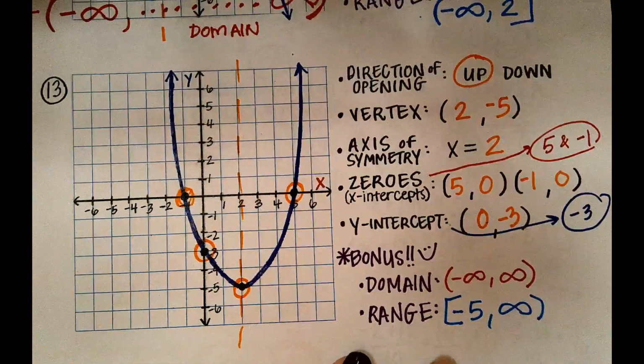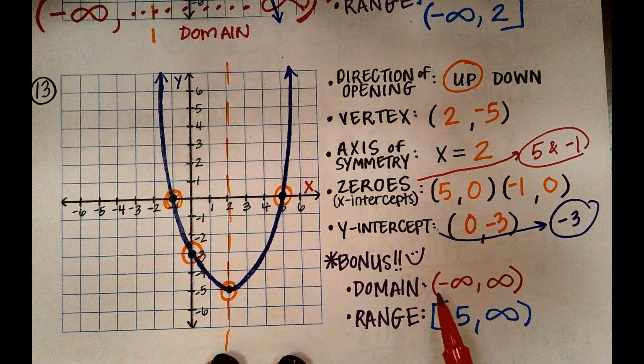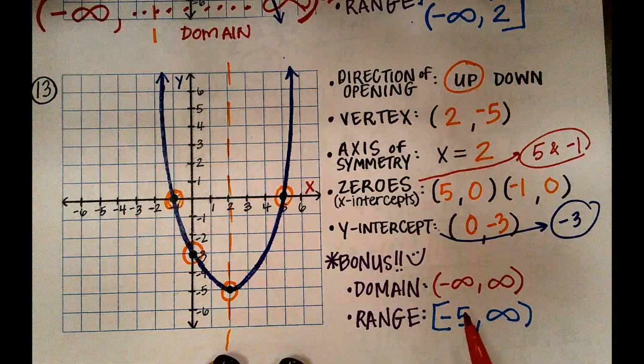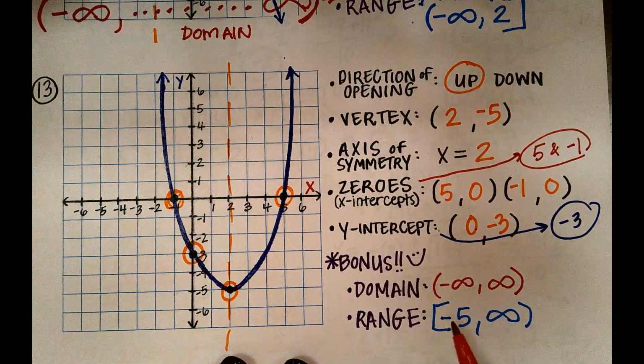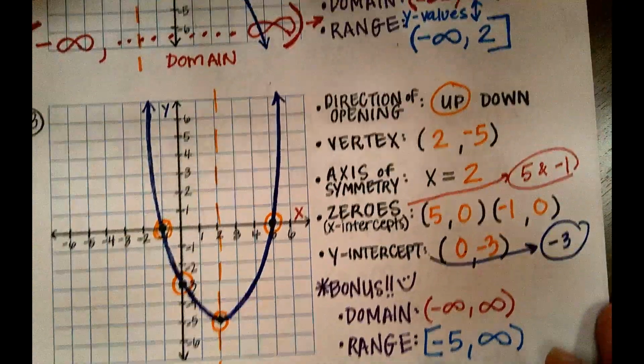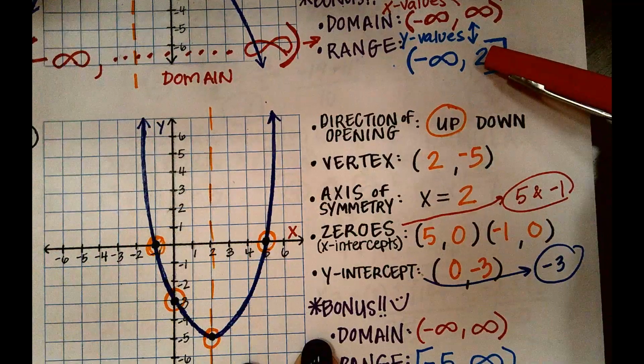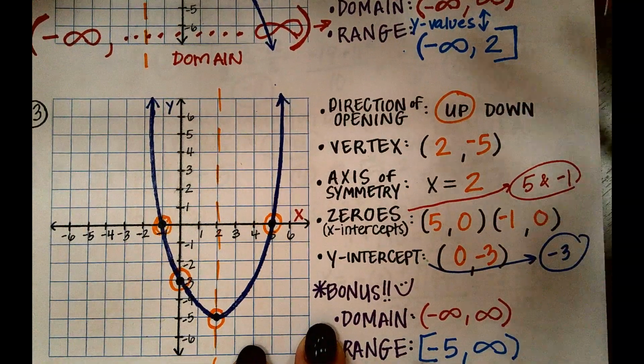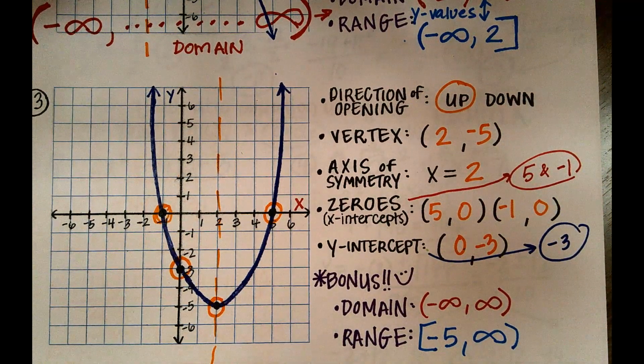Our range, you might be wondering, why did we put the number first this time? The reason is, just like with the domain, we start with the smallest value. We want to start with the lowest point the graph is touching.